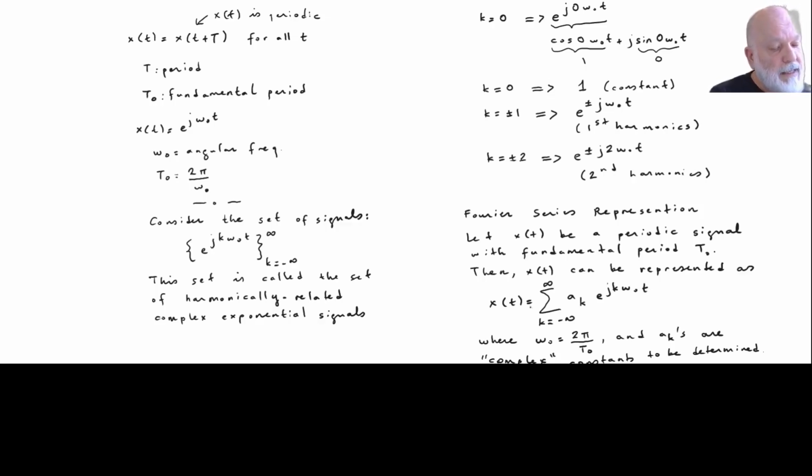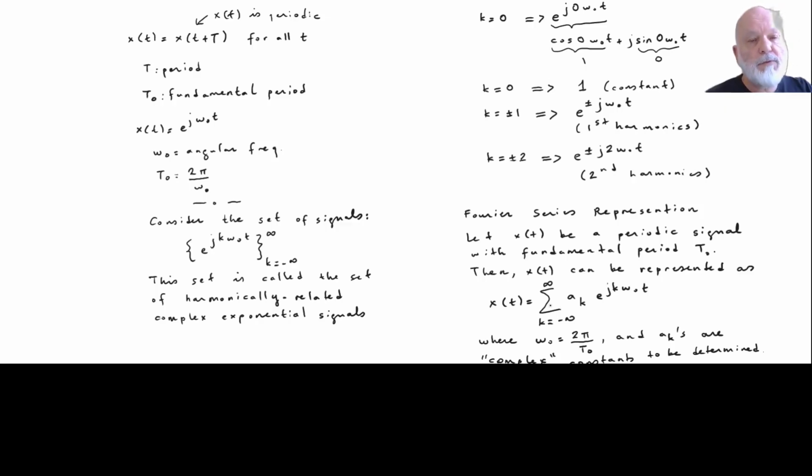Now here, as you see in this series expansion, we have the following operations. In fact, we have the multiplication of each complex exponential signal by a constant, which is a complex constant in general, and then we have addition operations in the series expansion. Okay, so we have addition and scalar multiplication operations.